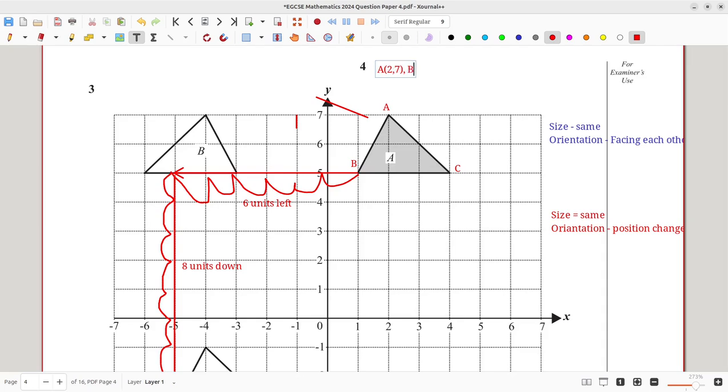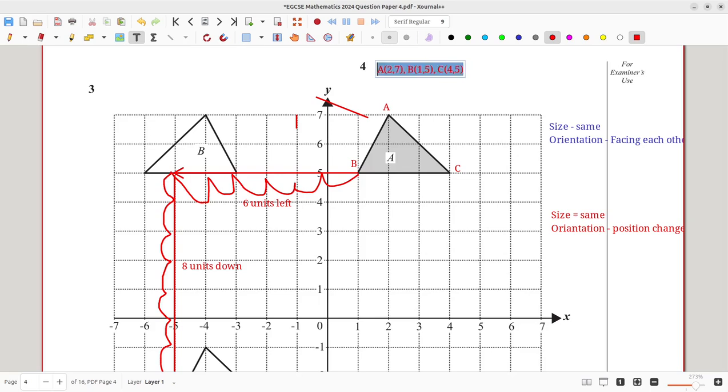Next, the coordinate of B. It's 1, 5. Next, C. What's the coordinate of C? 4, comma what? 1, 5. Nice one.